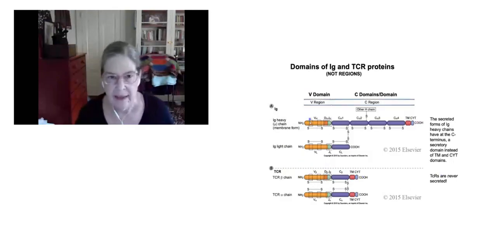So again, here's a picture of the heavy chain constant regions. This is one exon, this is an exon, this is an exon, this is an exon. Then you have little exons here, transmembrane and cytoplasmic for a B cell receptor. That gets replaced by a secretory piece when in a plasma cell for secreting the antibody.